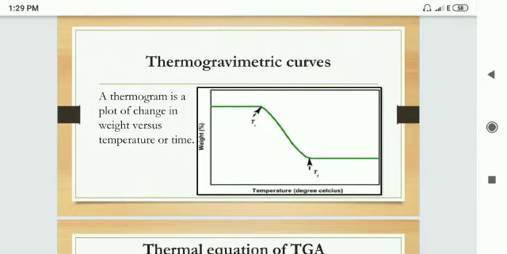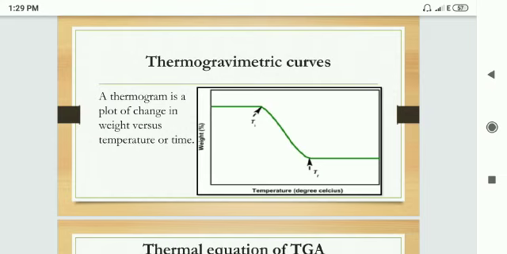Thermogravimetric curve. A thermogram is a plot of change in weight versus temperature or time, called a thermogravimetric curve or pyrolysis curve. This curve is obtained in this way. Here we see temperature T1 and temperature T2.